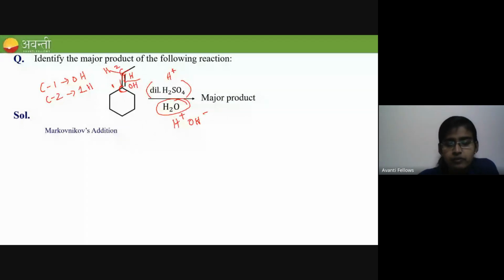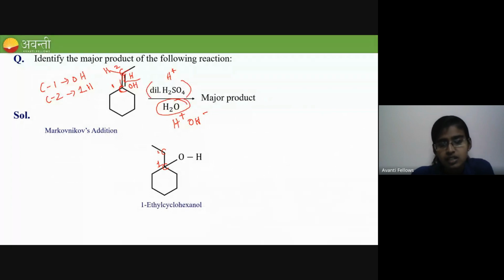You will end up with this product. OH is getting added to carbon number 1, and to carbon number 2, hydrogen is getting added. Got it? The name of this compound is 1-ethylcyclohexanol.